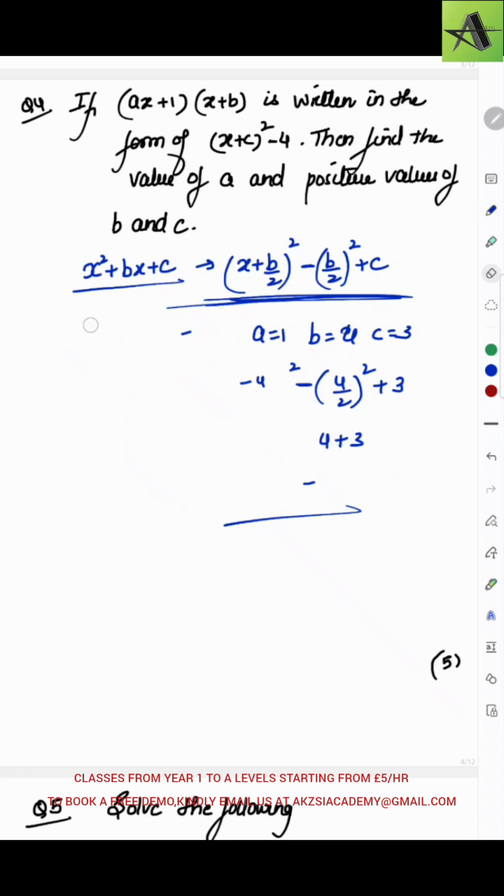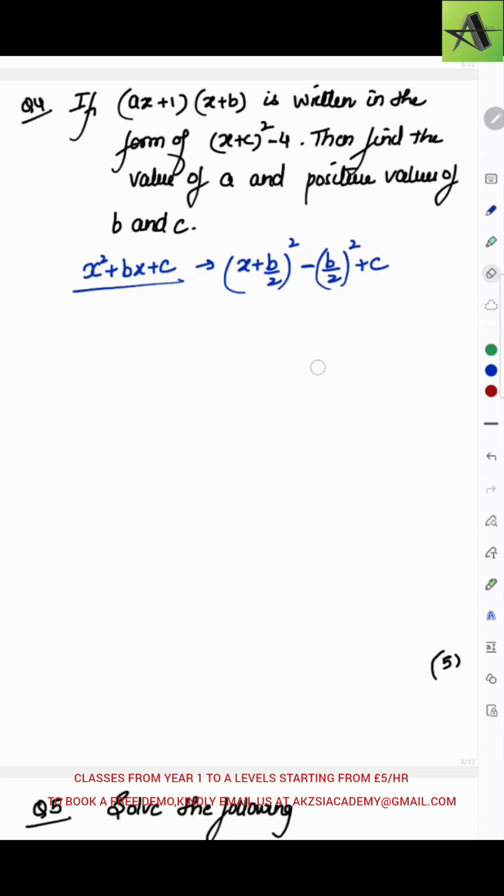Now, coming back to this question, we first have to convert. This is a factor form. So let me just expand this so that we can get our standard equation. This will be ax squared plus abx plus x plus b, or in the standard way, ax squared plus (ab plus 1) times x plus b.